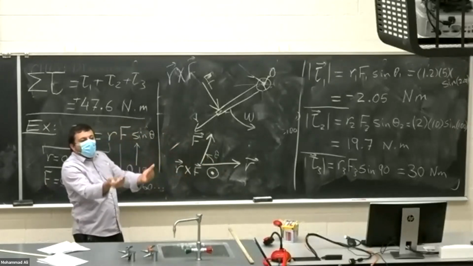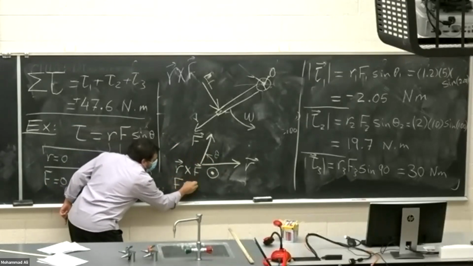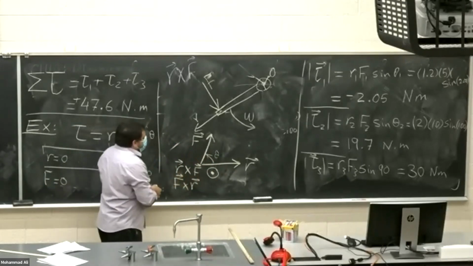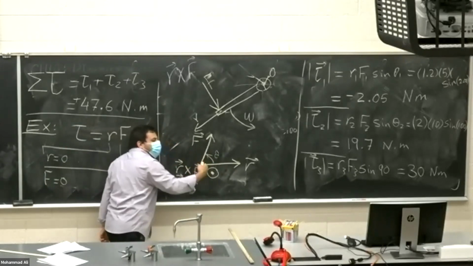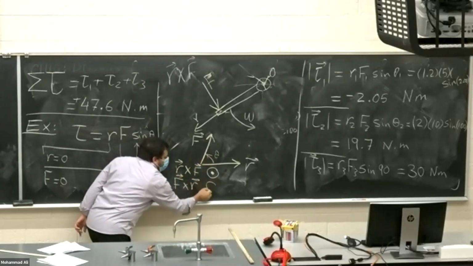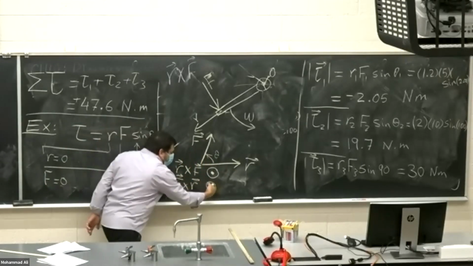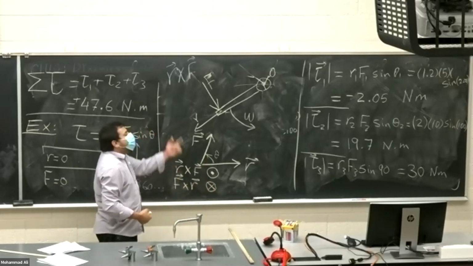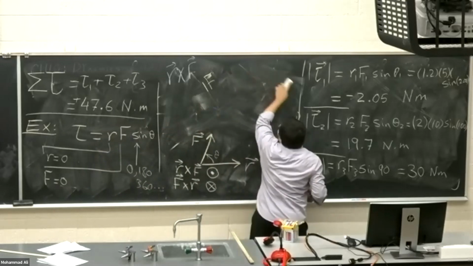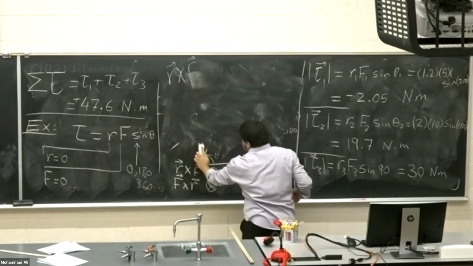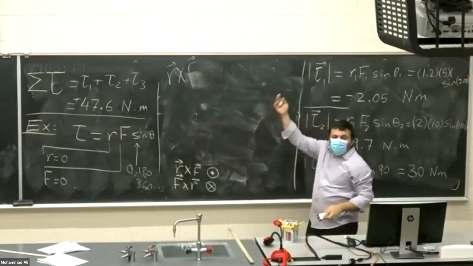But if I take the opposite direction, if I ask you F cross R, it will be in the opposite direction, and it will be going inside the board, and I will give it this shape. Okay, it is going inside the board. We are talking now about cross product, because I did not talk about this point in the beginning lectures.